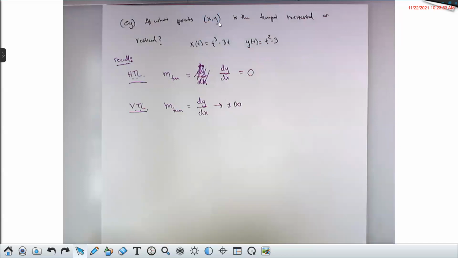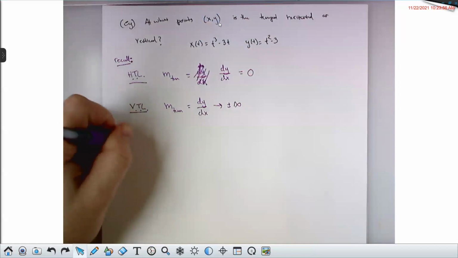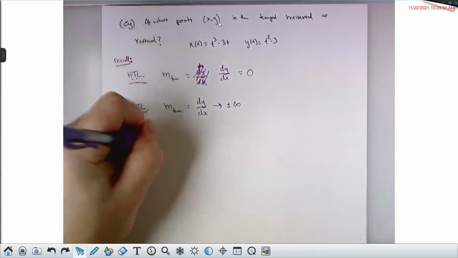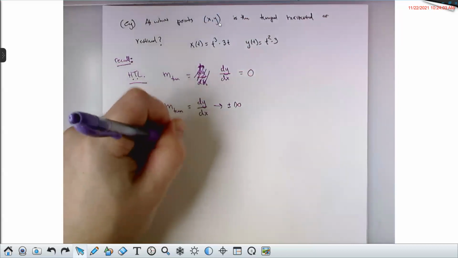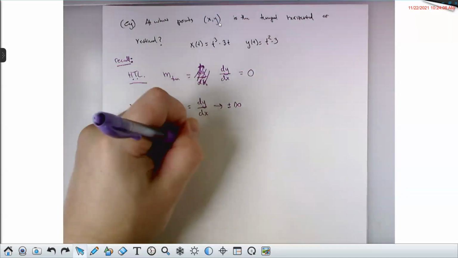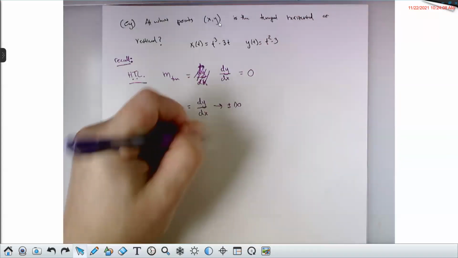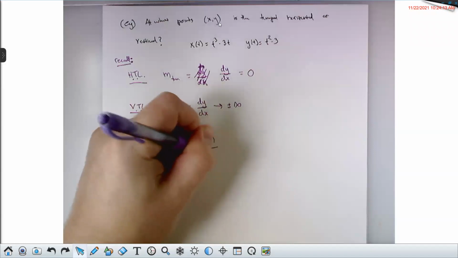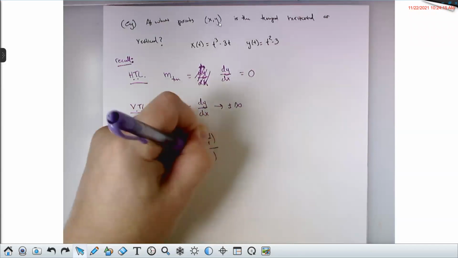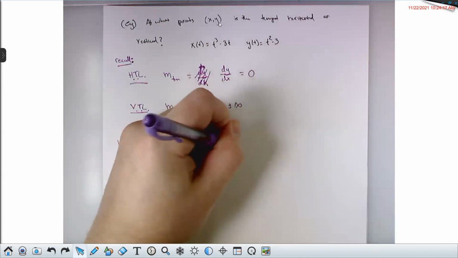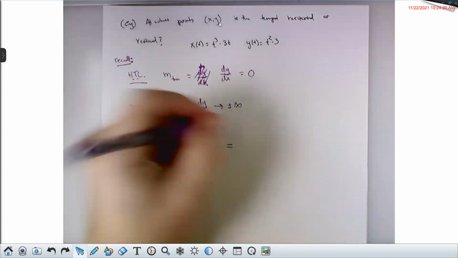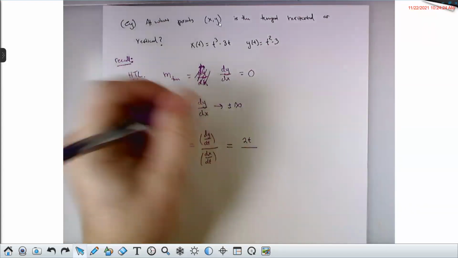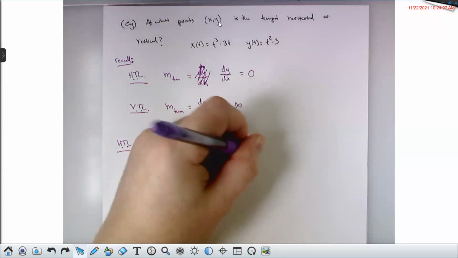Let's do it. So if I'm looking for horizontal tangent lines, I'm going to set 0 equal to dy dx. And dy dx is dy dt divided by dx dt. Dy dt is 2t, and dx dt is 3t squared minus 3.